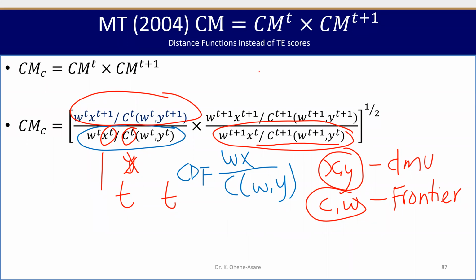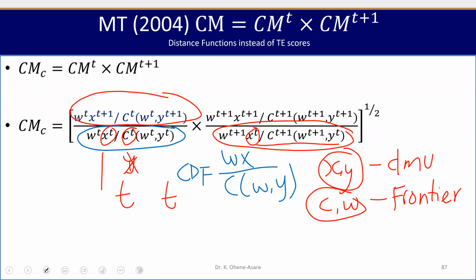Emily: Okay, Doc, so for the bottom right, we are looking for the input cost distance function of a firm in year T relative to the frontier in period T plus 1. Good. When she was saying a firm in year T, she had this in mind.